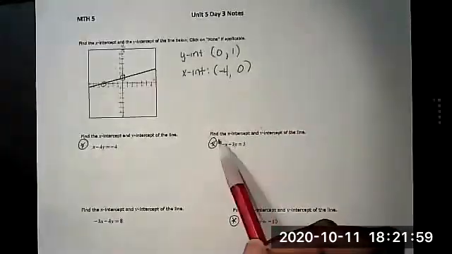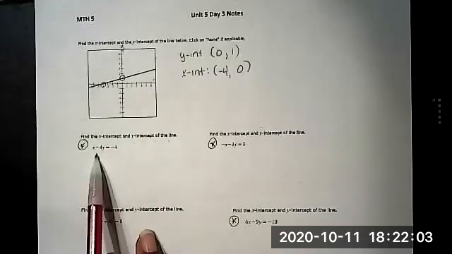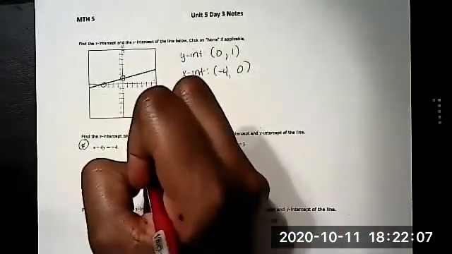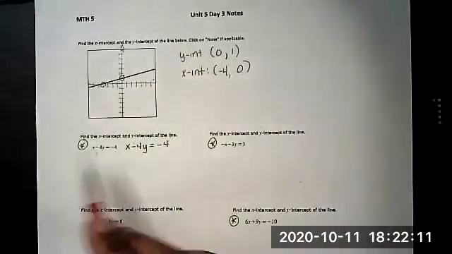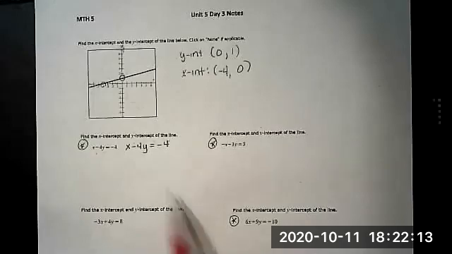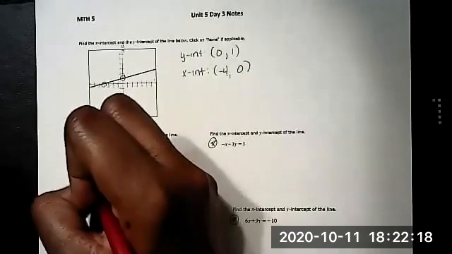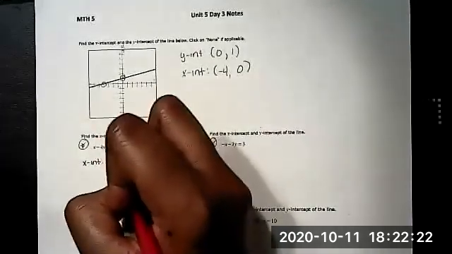Now we're going to do the starred problems. Find the X-intercept and Y-intercept of the line. This line says X - 4Y = -4. It's kind of hard to read there. For the X-intercept, like I said, Y equals 0.